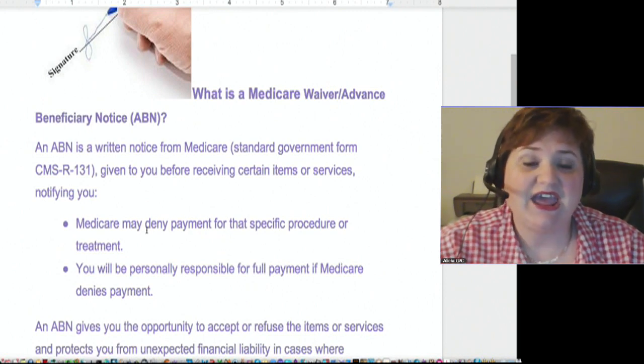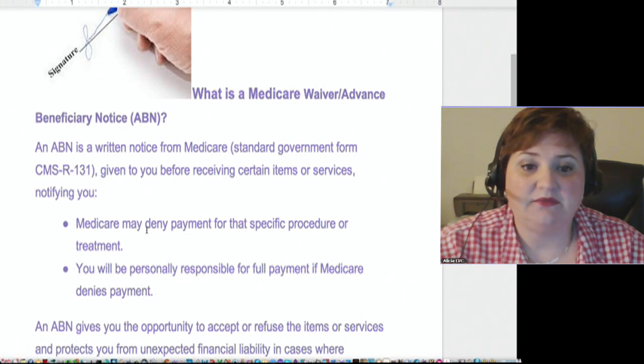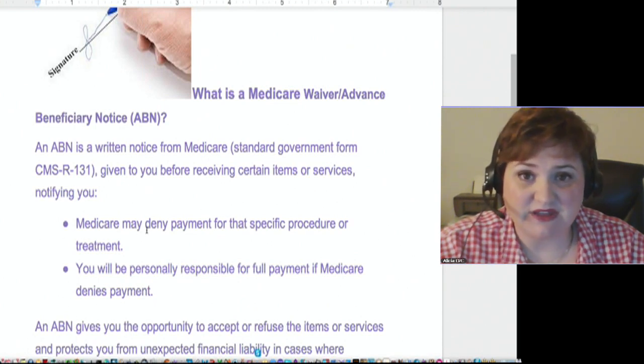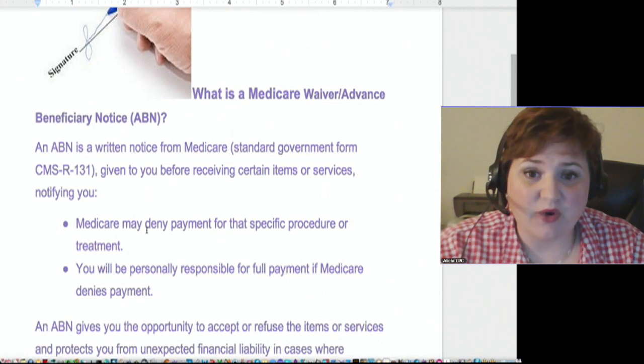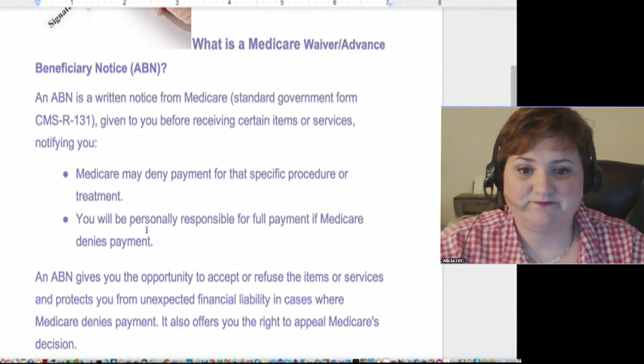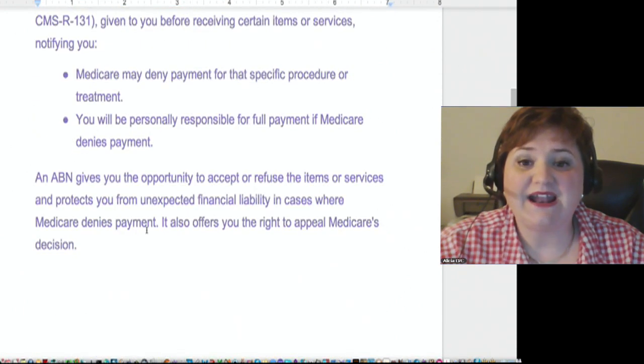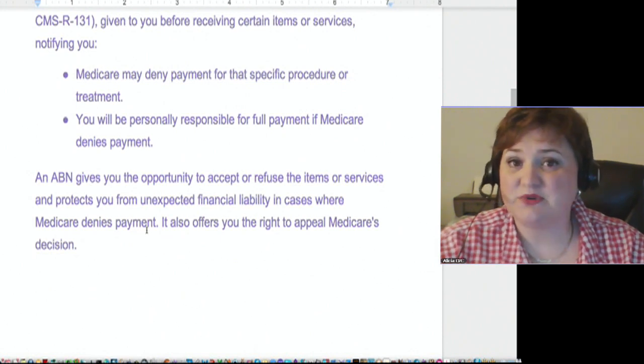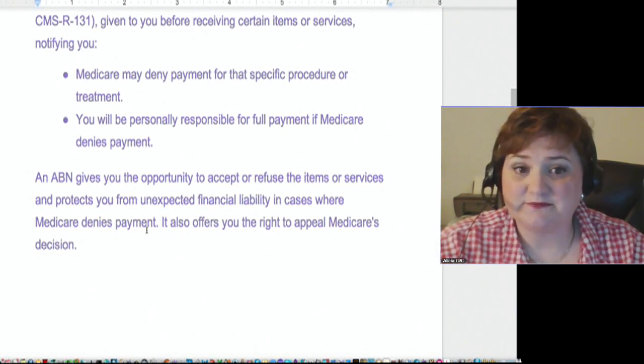They're saying, in advance, we want you to be aware that Medicare may not pay for this, and if they do not pay for it, then you will be responsible for the payment. So that allows you to decide if you want to accept or refuse the ABN.